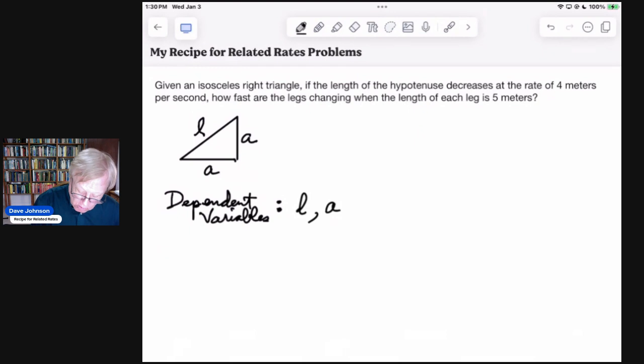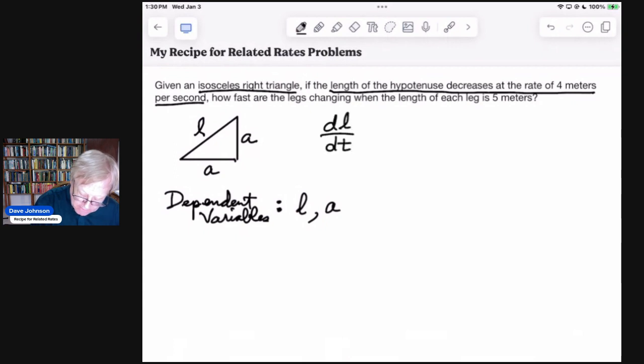And so we're given an isosceles right triangle, but we're also given the fact that the length of the hypotenuse decreases at the rate of 4 meters per second. So I can write dL/dt is equal to -4.